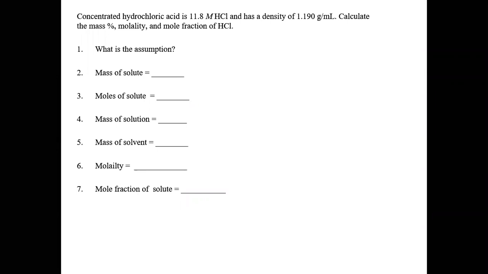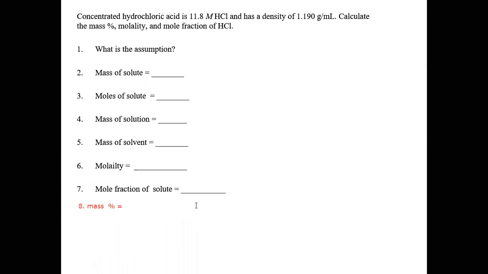So here we have a concentrated hydrochloric acid solution. It's 11.8 molar, has a density of 1.190 grams per milliliter. Calculate the mass percent, molality, and mole fraction. So I'm going to add a few more things that we need to find. So number 8 would be mass percent.